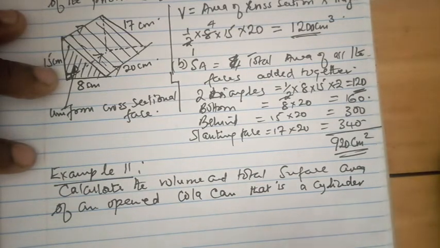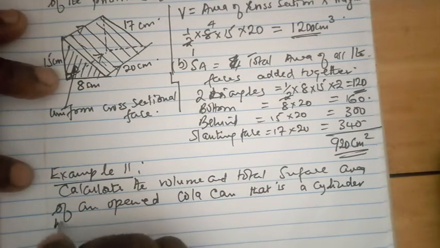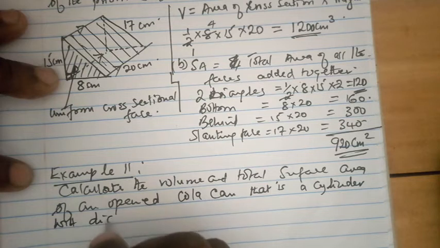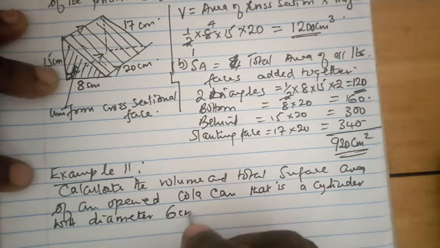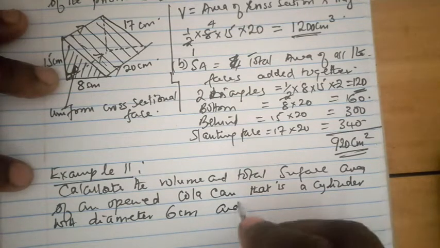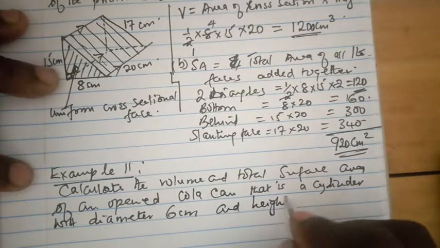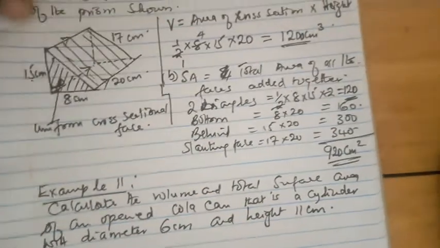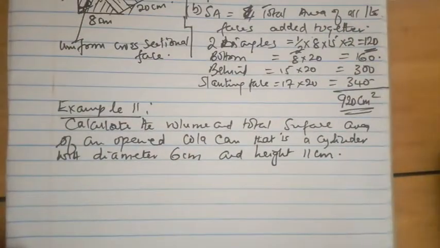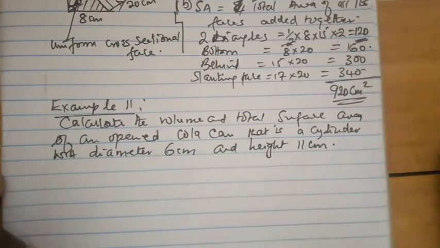That is a cylinder with diameter 6 centimeters and height 11 centimeters. The first thing, we are supposed to calculate the volume as well as the surface area.